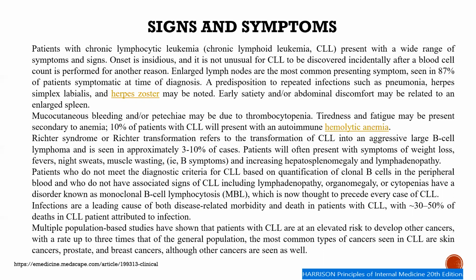Infections are the leading cause of death in patients with chronic lymphoblastic leukemia. Multiple population-based studies have shown that patients have an elevated risk of developing other cancers, with a rate up to 3 times that of the general population. The most common cancer type is skin cancer, prostate and breast cancer, and other cancers can be seen as well.